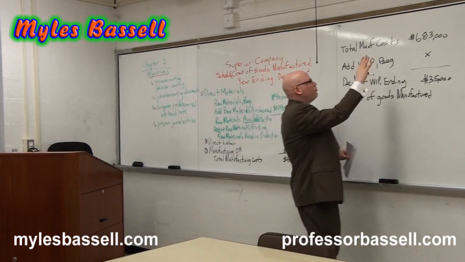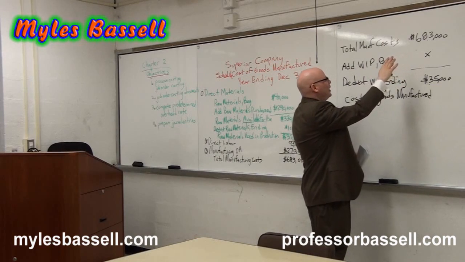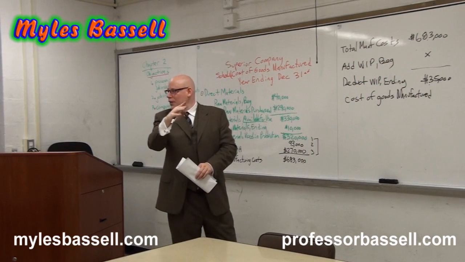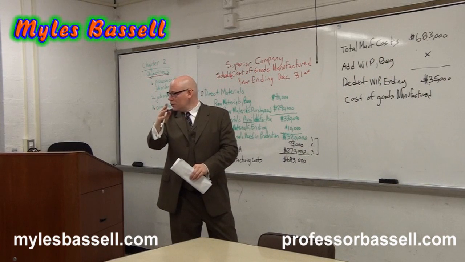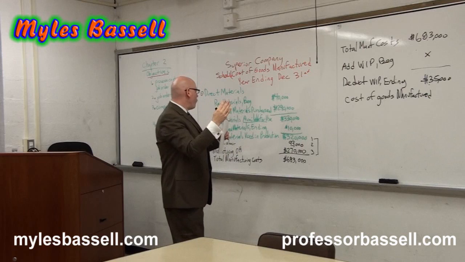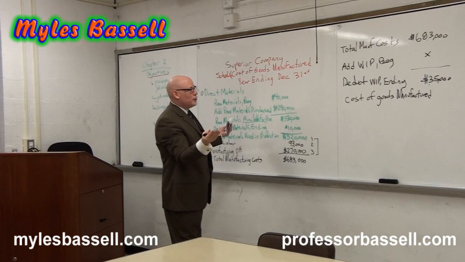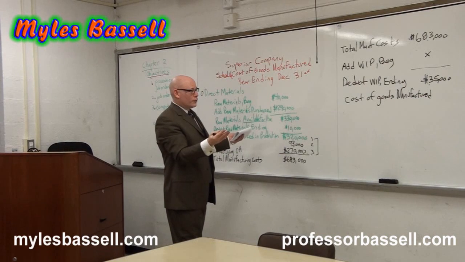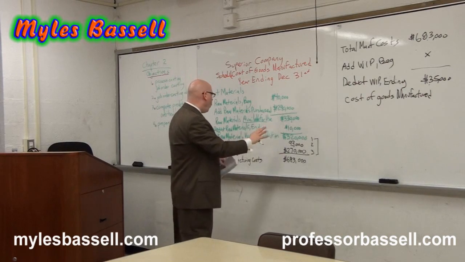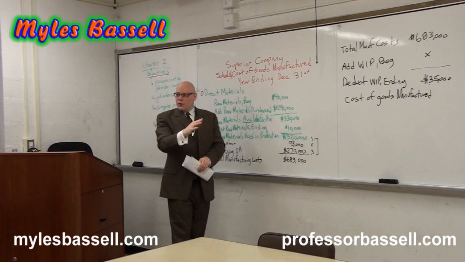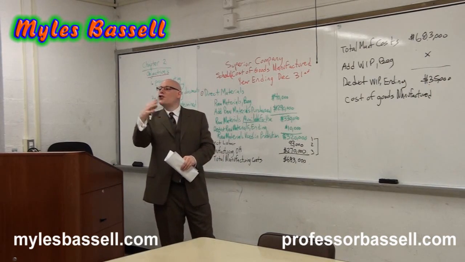We've incurred $683,000 in manufacturing costs, which includes direct materials, direct labor, manufacturing overhead. Well, what happened to those raw materials? We're assuming that all the materials that were used made finished good items.